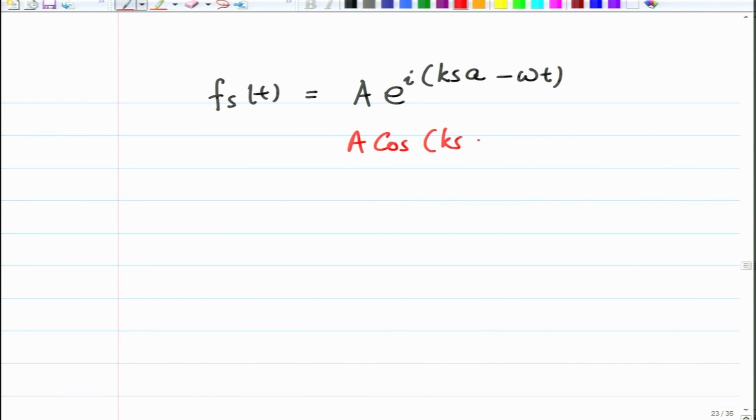Let me now show this mathematically. Recall that we have f s t written as an amplitude A e raised to i k s a minus omega t, or equivalently as cosine of k s a minus omega t, or a sine of k s a minus omega t.